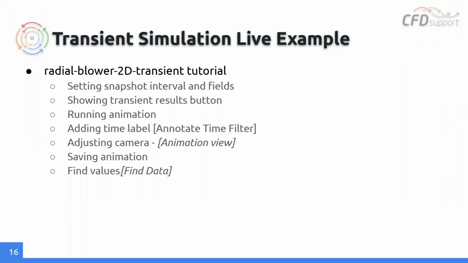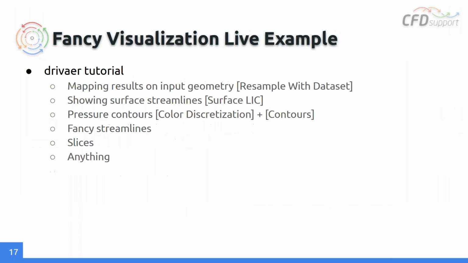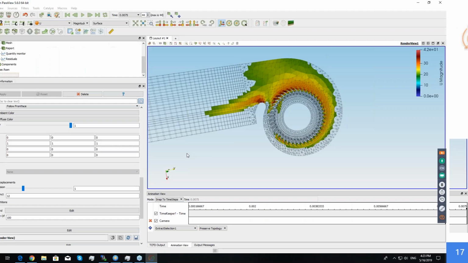Okay, so just quickly, I will show you some additional tools. For example, this mapping results on input geometry is pretty cool stuff, so I will quickly show you this.